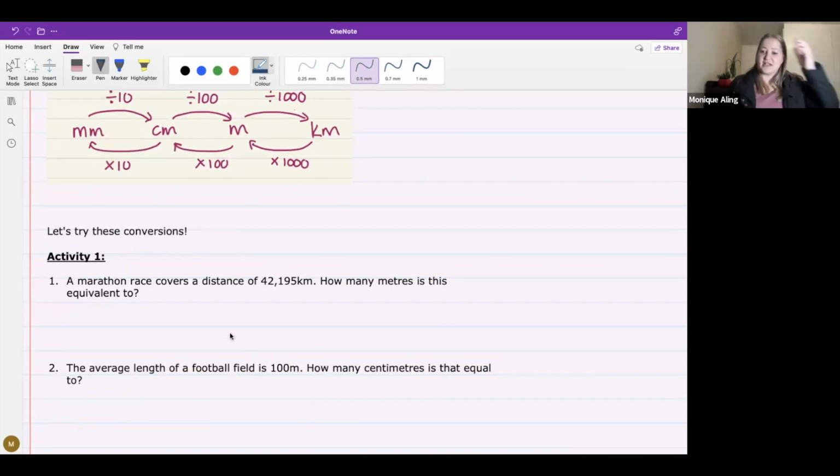Someone has messaged in the chat. If you're struggling to see my screen, there is an option on how to fix that potentially.